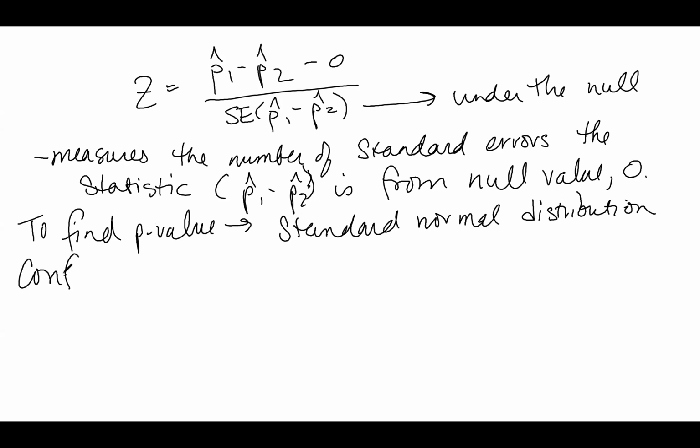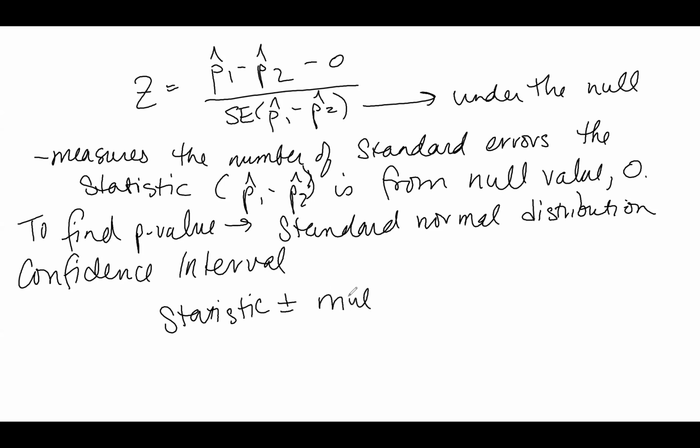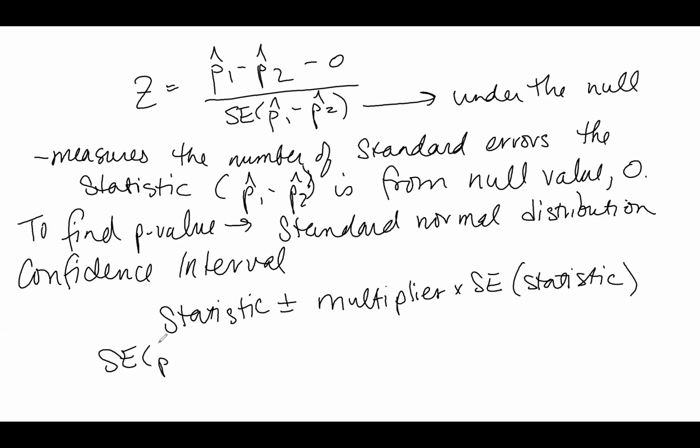To find a confidence interval, we look at our statistic plus or minus the margin of error, where we're finding our margin of error using the multiplier times the standard error of the statistic. But now when we calculate that standard error, we're not assuming the null is true.